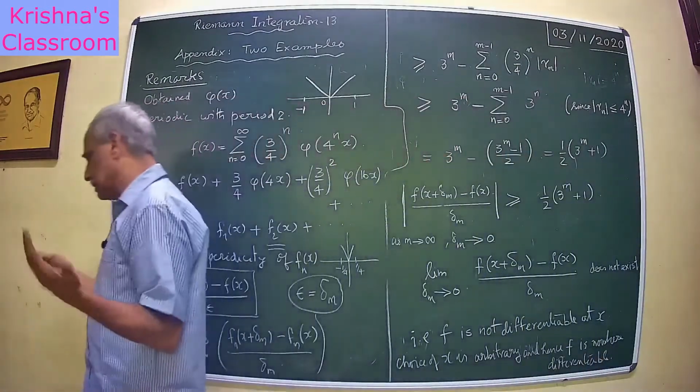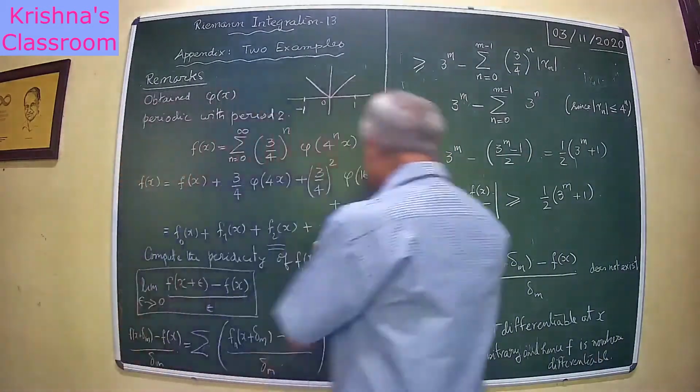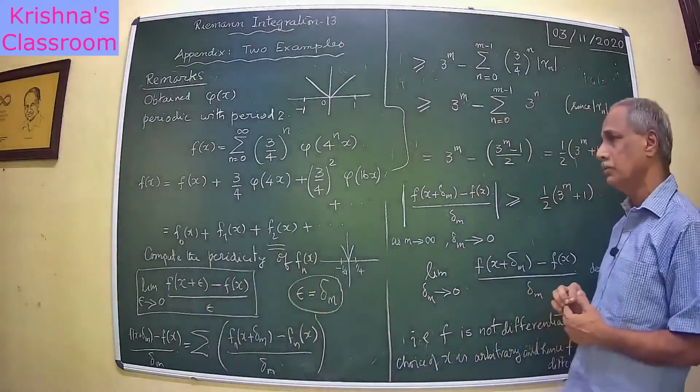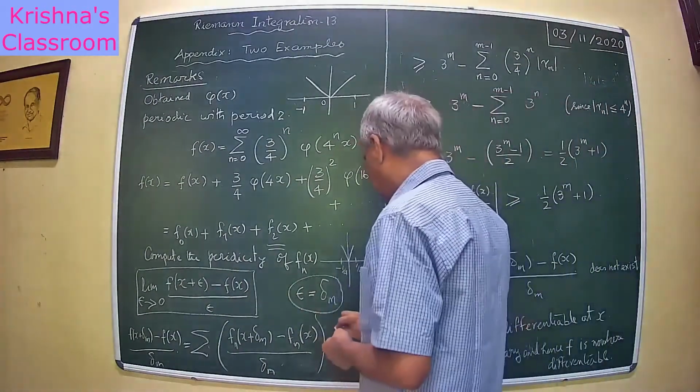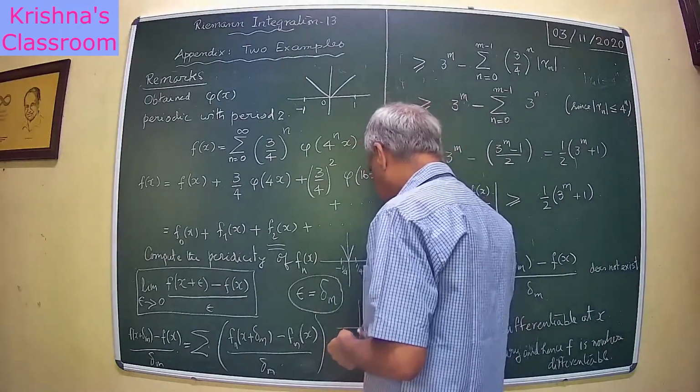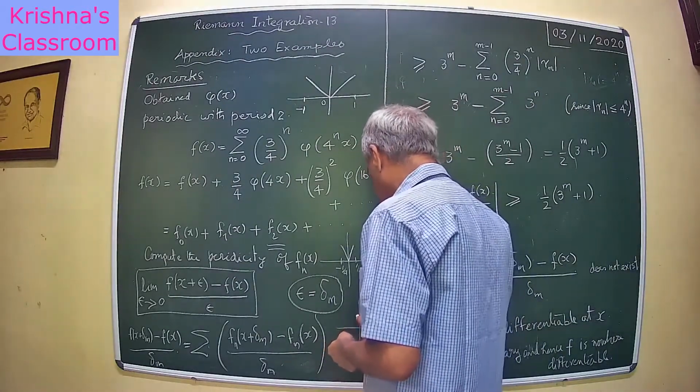So what happens is, at each stage when you extend this, what you get will be a function which is more or less like this.